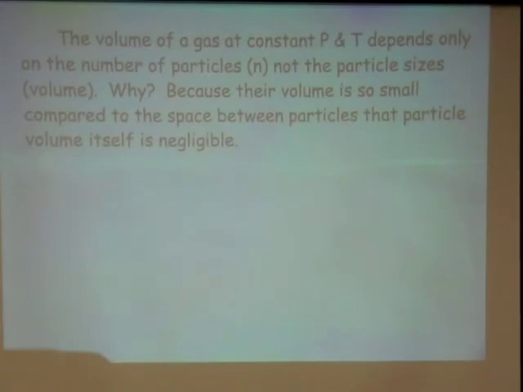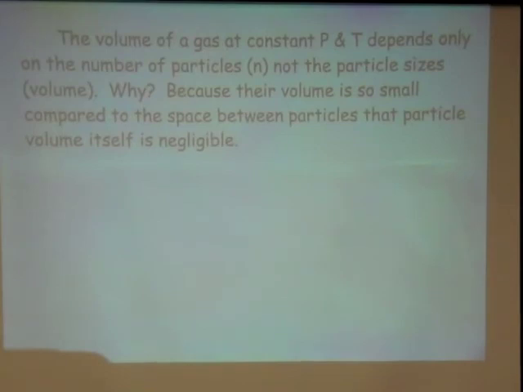So we don't ever think of the gas as taking up part of the volume of the total container, because the sizes are very, very tiny.